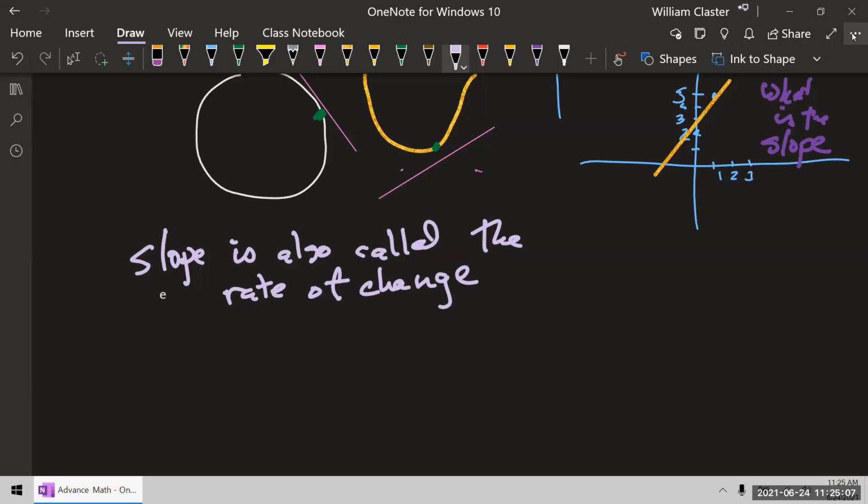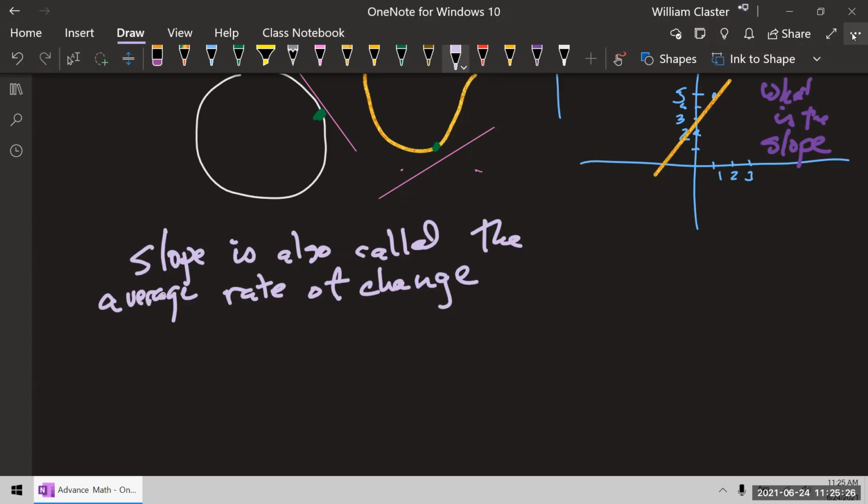That's the slope, meaning the rate of change. How much does y change when we change x? It's called the rate of change, or actually it's called the average rate of change. So the slope is the average rate of change.